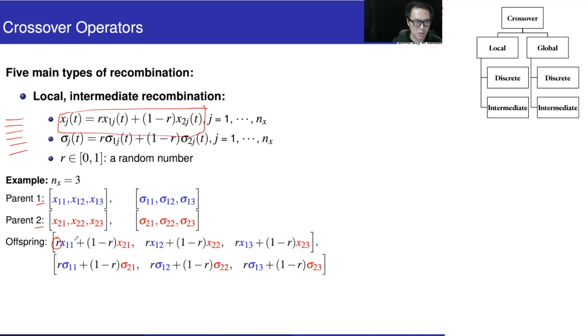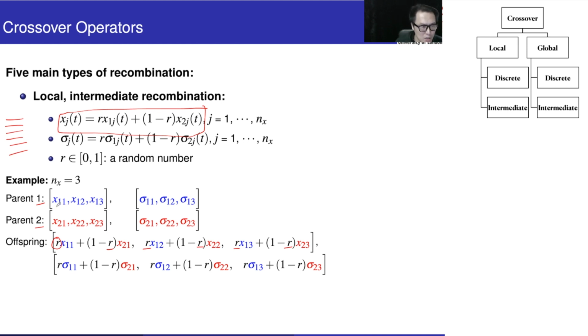But anyway, I just use the same random number for all elements here, in the first, second, and third position, just to reduce the computational complexity.